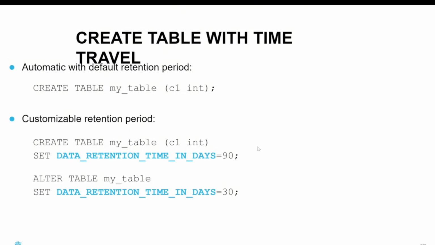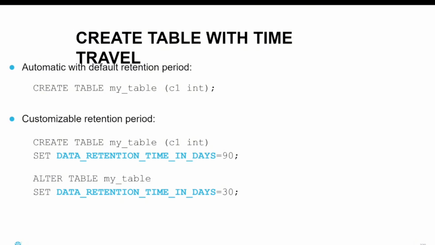If you run this particular command, this table, my table, will be created with a data retention of 90 days. If you want 30 days, then you just change the parameter from 90 to 30, and the table will be created with 30 days retention. So this is how you can create a table with time travel. If your table is created with 30 days retention, you can go back up to the 30th day, and you can retrieve the data out of that, right?